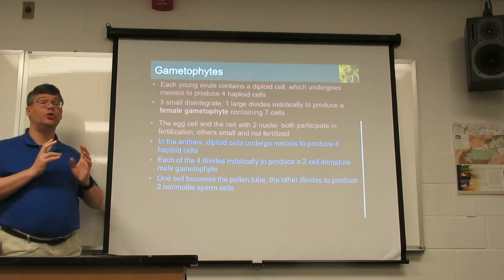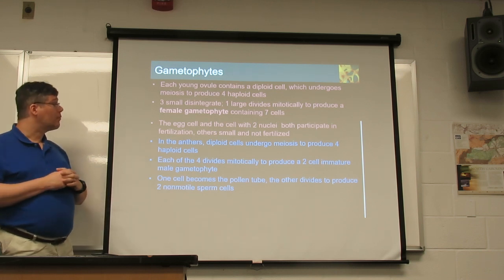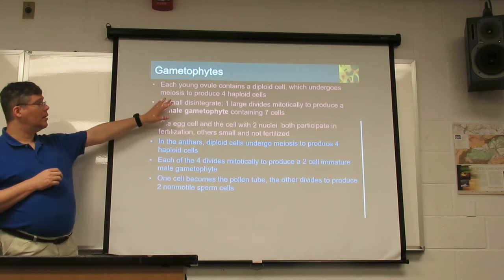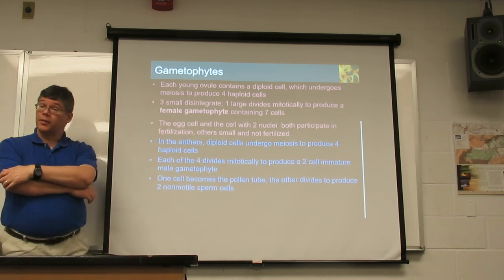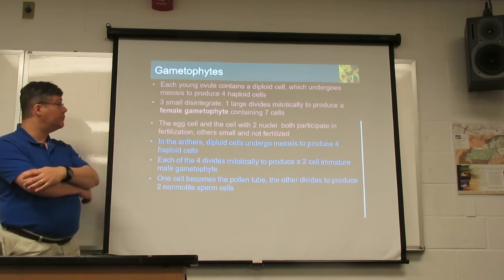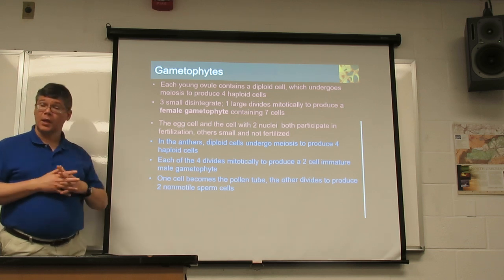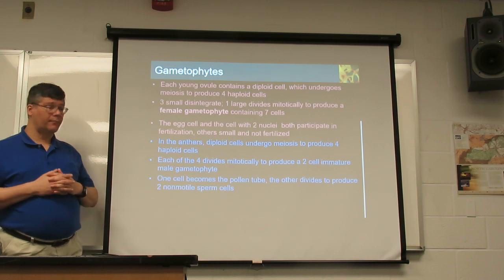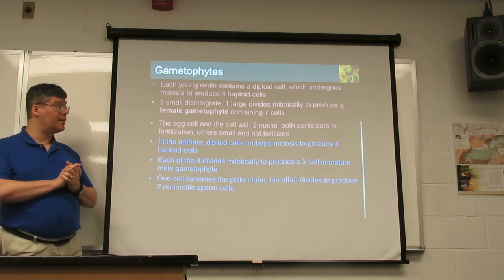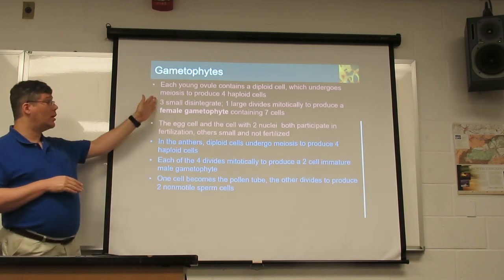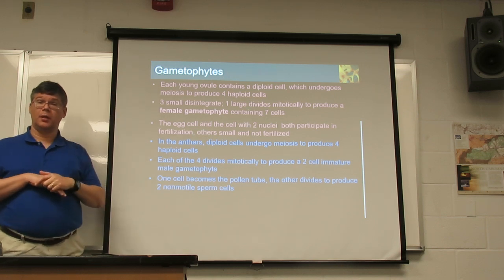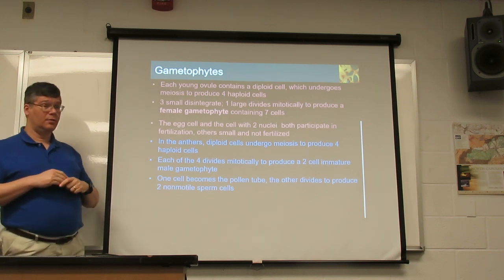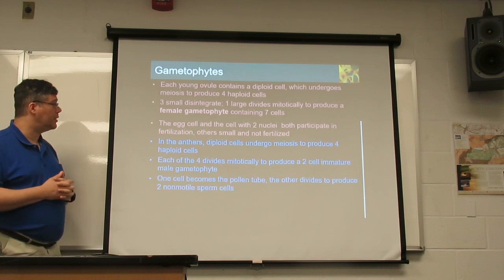So we've got a cell with 2 nuclei, and then the egg cell, and then the remaining 5 cells besides that, again, are small and basically just take away the extra material.